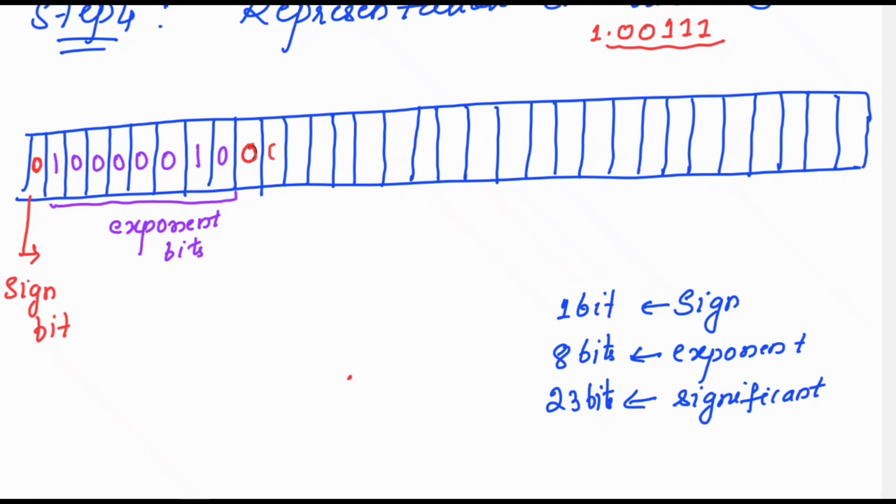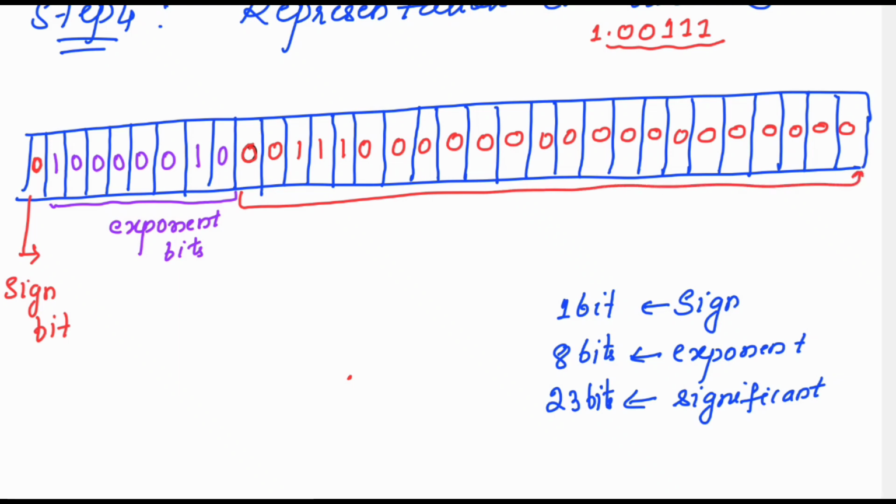Bit values will be 0, 0, 1, 1, 1. Fine. Now how many bits are there? Actually 23 bits. But what did you get from this number? 1, 2, 3, 4, 5, 5 bits. So all the remaining bits you have to fill with zeros. So these are your significant bits.